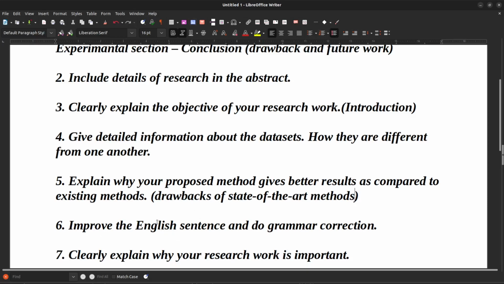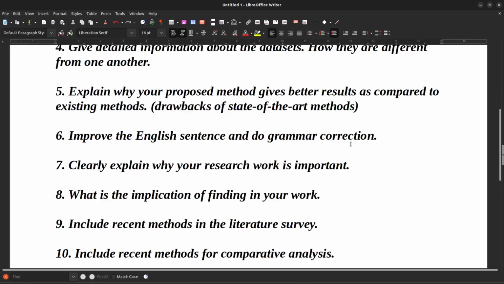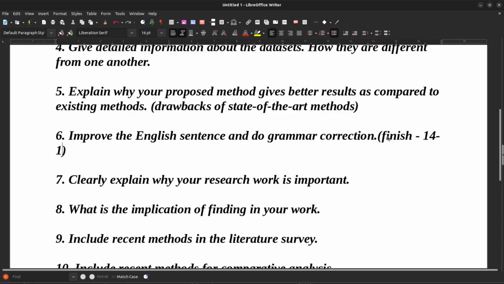Next is improve the English sentences and do grammar correction. You can use different software which is available, and try to do the correction. So one tip: when you finish writing your paper, rest for 14 to 15 days.